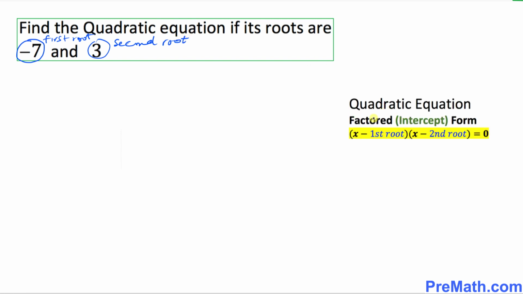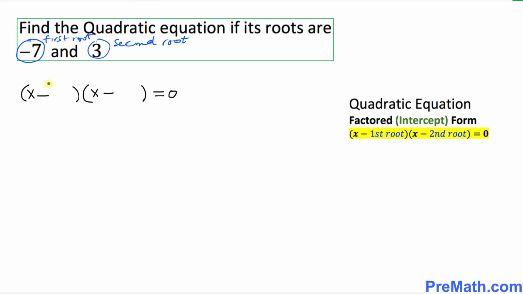So we are going to be using this factored form of the quadratic equation, which says x minus first root times x minus second root equal to 0. So I'm going to write it down as, in the first parentheses x minus, and in the second parentheses I'm also going to put x minus and set it equal to 0.